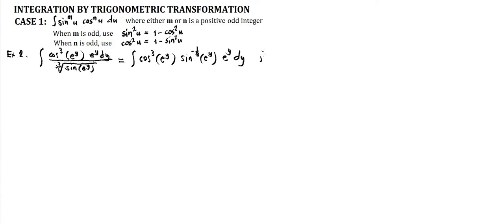Okay. So, dito, ang may positive odd power ay yung cosine function. So, yun yung ating n. N equals 3. Tapos, yung exponent ng sine function natin dito equals negative 1/3, yung ating m. M equals negative 1/3.